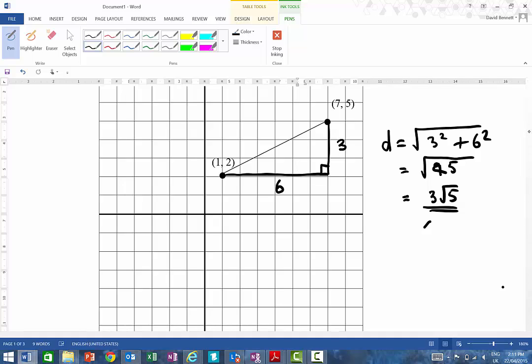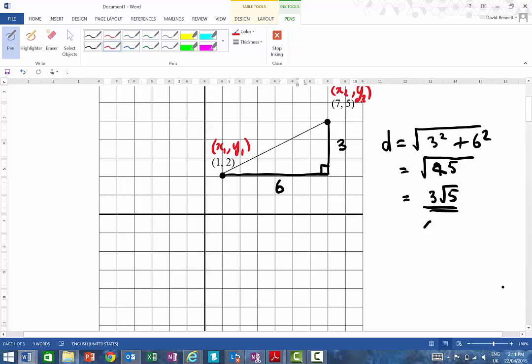Now, maybe if I didn't give you a graph and I just gave you the 2 points and said find the distance between them, then we need to think about how we actually work this out so we can actually come up with a formula. So generally what I'd say over here is we've got, this is x1, y1, and this over here is x2 and y2.